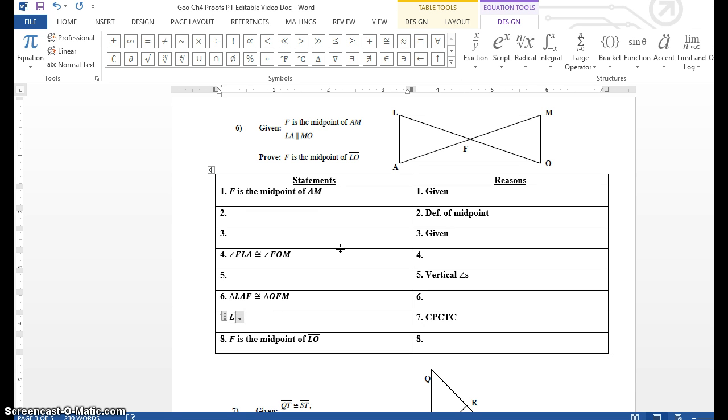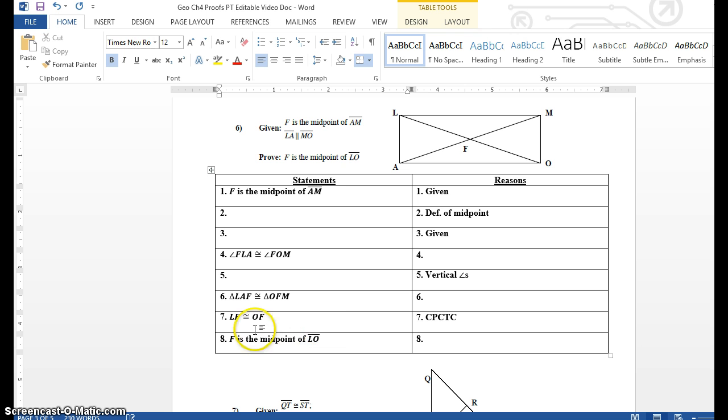No, not LO. LF is congruent to OF. So we know this now. That's good. So then, because these are congruent, now we're saying that F is the midpoint since they both share F. Well, that's the definition of a midpoint.